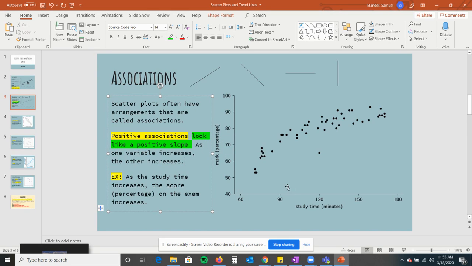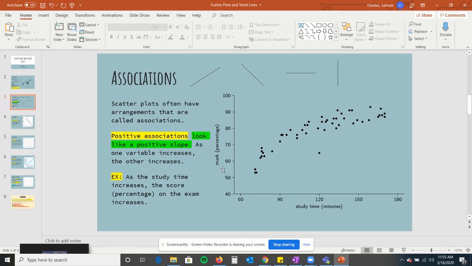And 99% of the time, it'll be the x variable affects the y variable. For example, in this case, the more they studied affected how they did on the test, right? The x variable affected the y variable. So we would say as the study time increases, as the x increases, the score increases, the y increases.